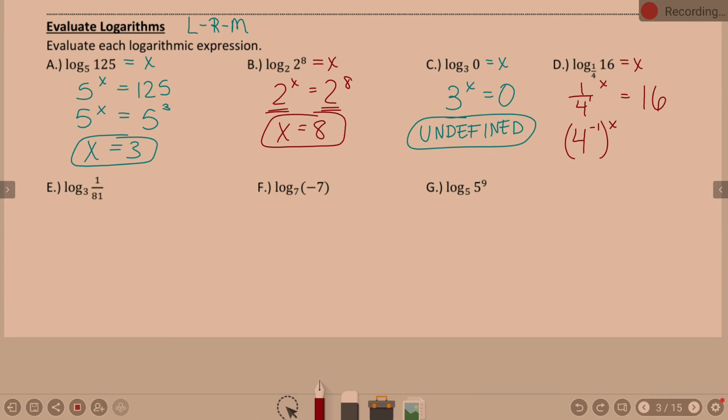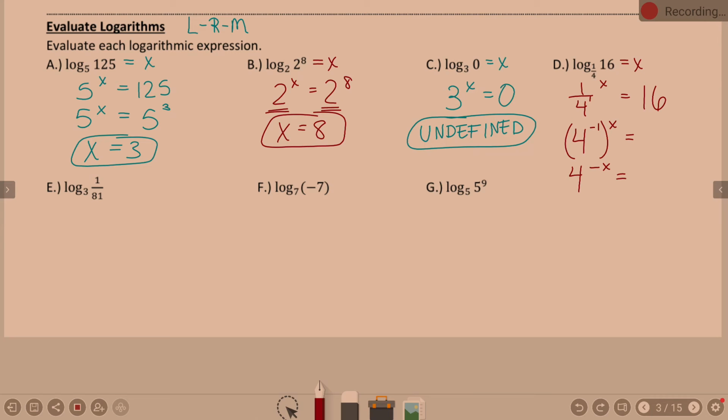A power raised to a power. What's -1 times x? -1 times x is 4 to the negative x. Now, my left side has a base of 4. What do you know about 16? It's divisible by 4. How could I rewrite 16 with a base of 4? Square root. Okay, kind of.